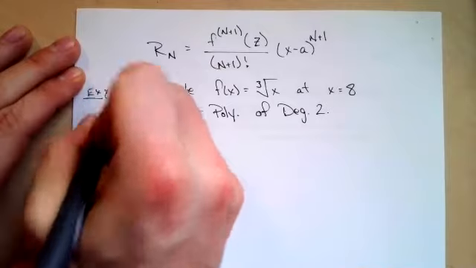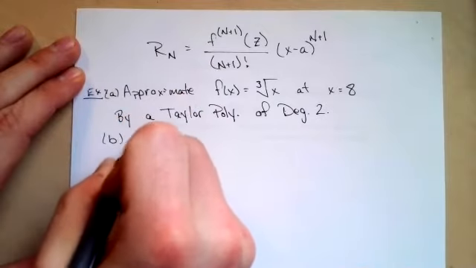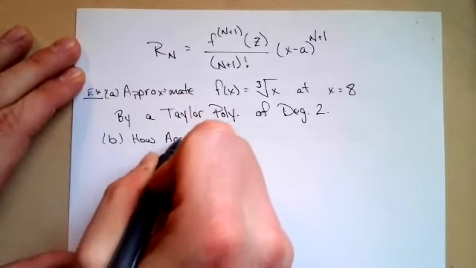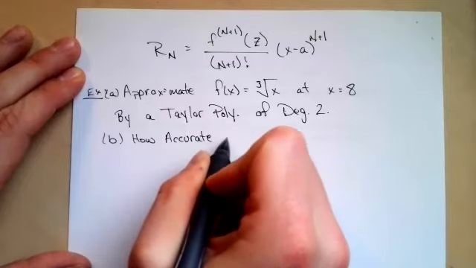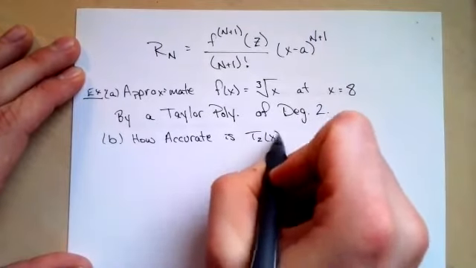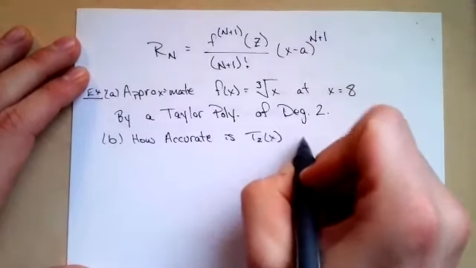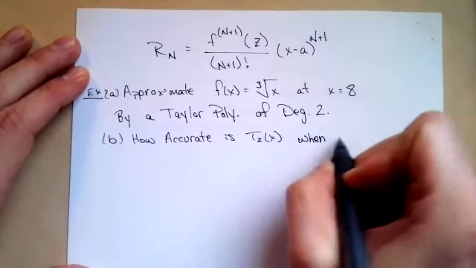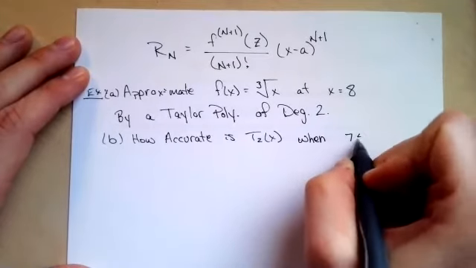So that's going to be A, and then B, we want to know how accurate is this Taylor polynomial when x is between 7 and 9.